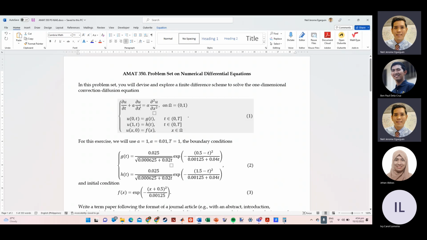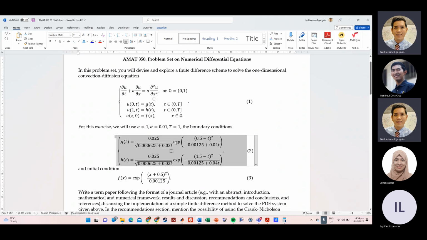It looks like that one, except that there's an additional term on the left-hand side, which is a constant little a times the first partial derivative of u with respect to x. I gave values here for a, alpha, and the terminal time capital T.